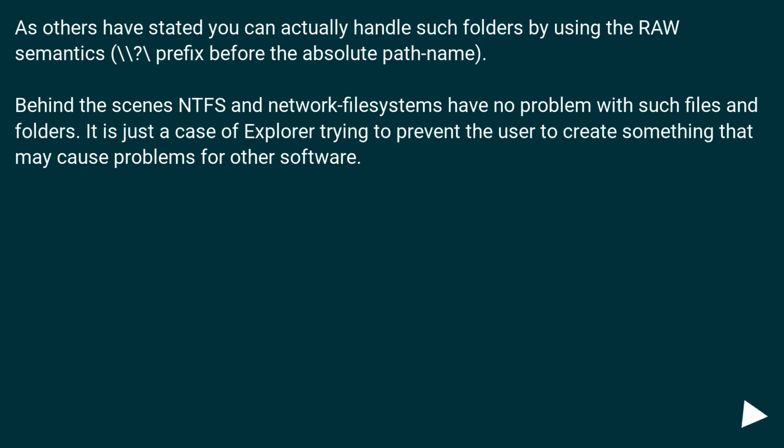As others have stated, you can actually handle such folders by using the raw semantics, the \\?\ prefix before the absolute path name. Behind the scenes, NTFS and network file systems have no problem with such files and folders. It is just a case of Explorer trying to prevent the user from creating something that may cause problems for other software.